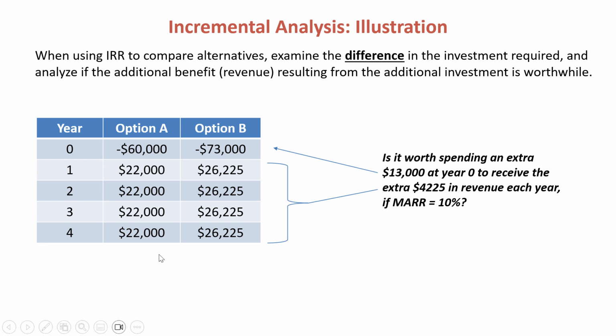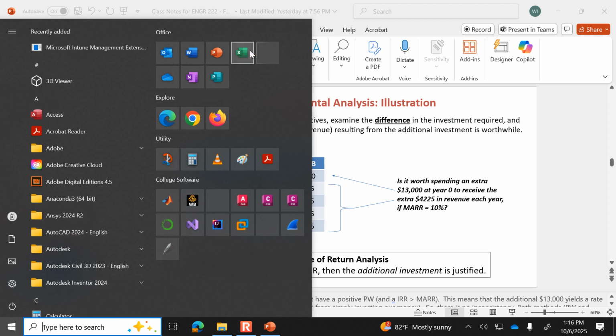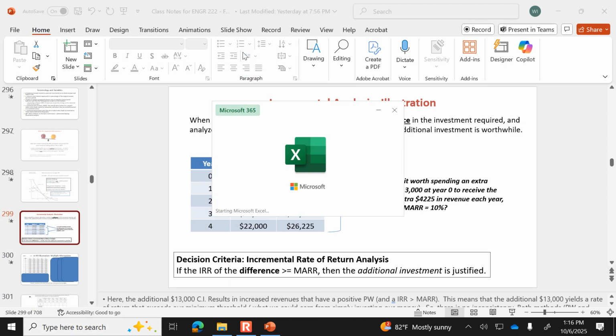So let's say that our MARR is 10%. That is, maybe we can think of it as how much it costs us to borrow the money. That's oftentimes what sets the MARR, your borrowing cost. And so let me start up Excel and let's do an incremental analysis here comparing these two options.